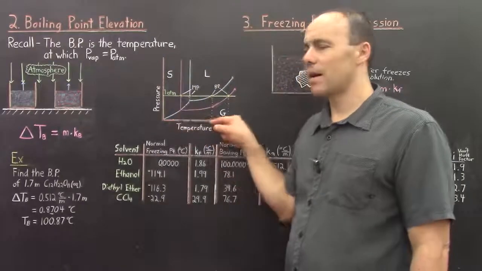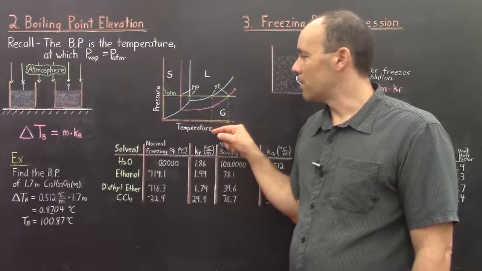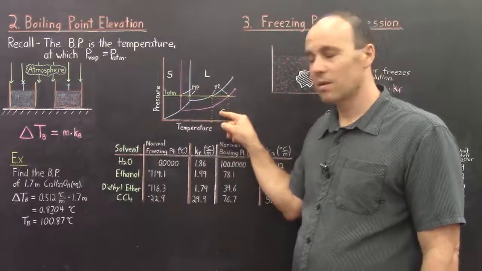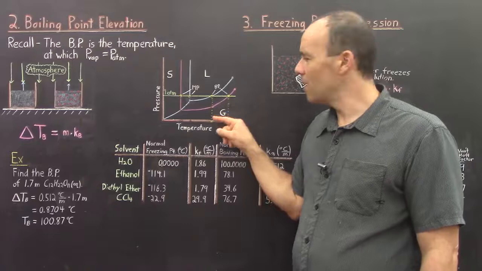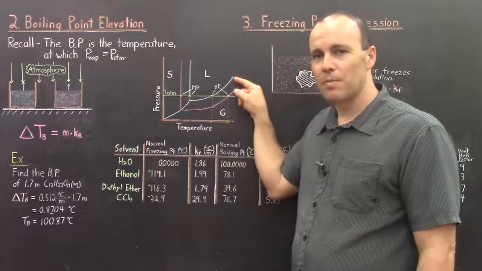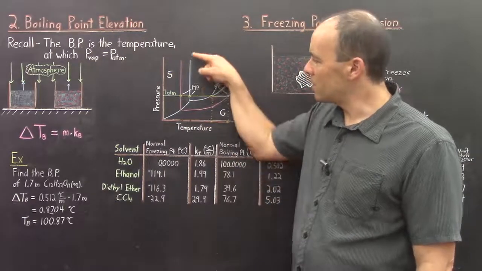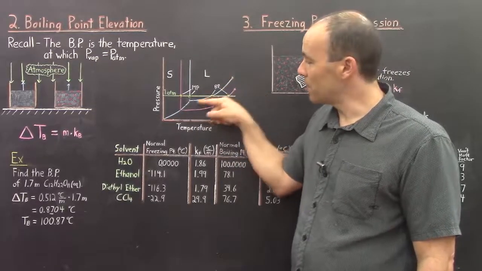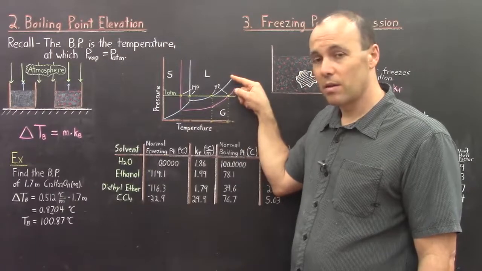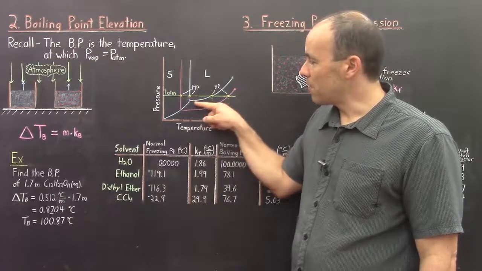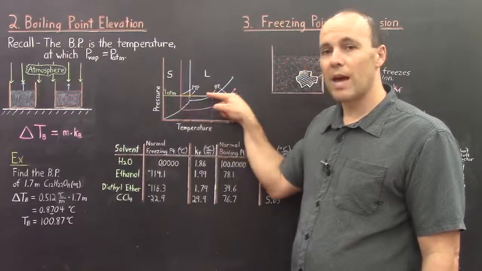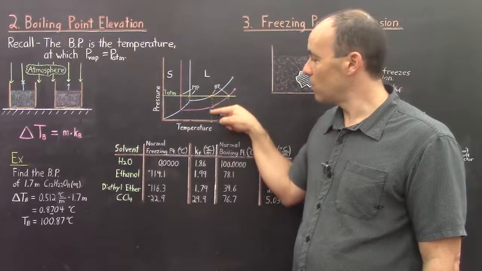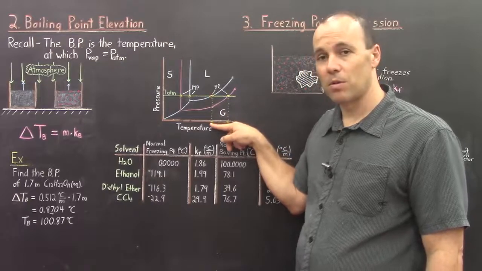If we look at the phase diagram for a substance, any substance, it shows us the different phases of the substance. And over here you have your vapor pressure curve. These blue lines right here represent the pure substance. And so for a pure liquid, in order for its vapor pressure to equal 1 atmosphere, which is represented by this horizontal line, it will have to be brought to this temperature right here.